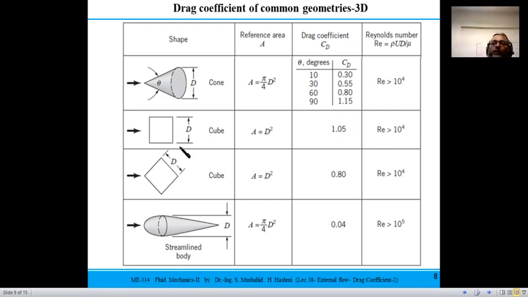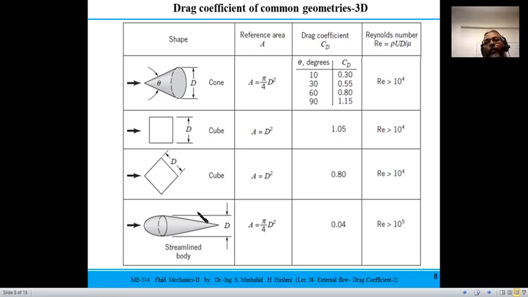Once you make it this shape, like a diamond shape, there is a significant drop in the drag coefficient, from 1.05 to 0.8. And if you have streamlined bodies like this, we call it a teardrop shape. A teardrop shape is when water in a tear drops in air, and it is facing a very small amount of resistance in air, then it is called a teardrop shape.